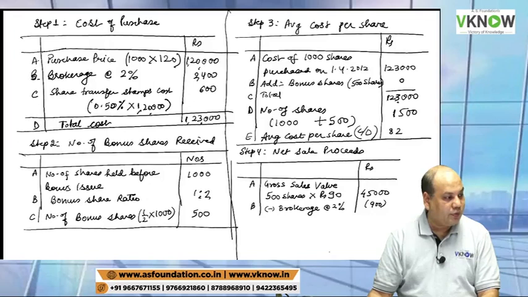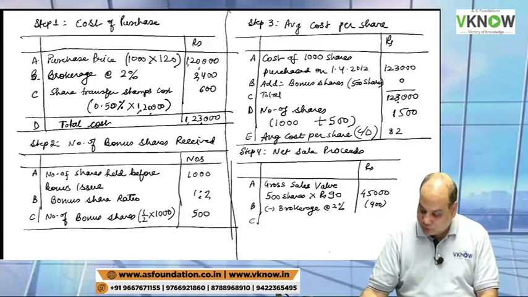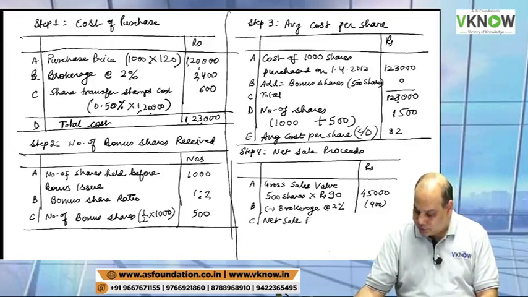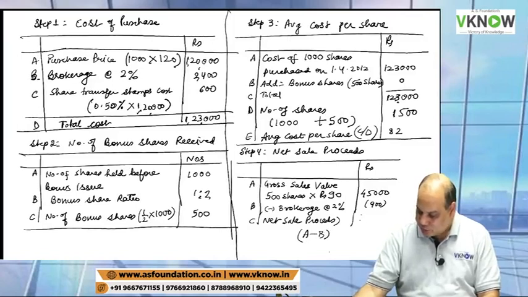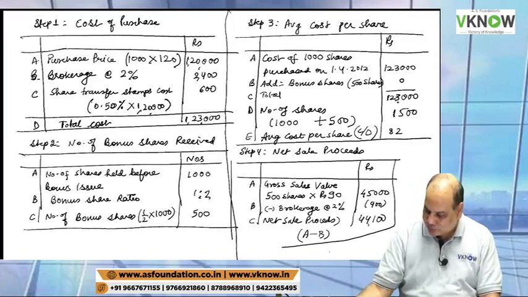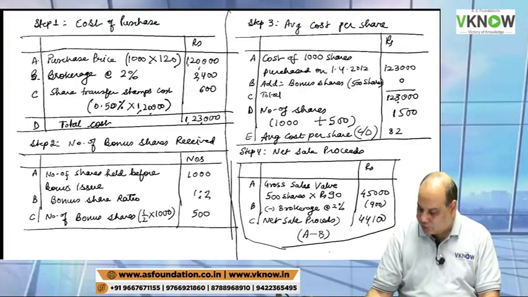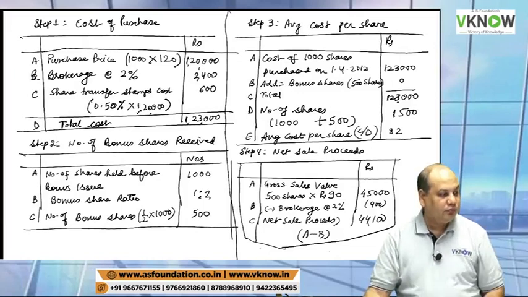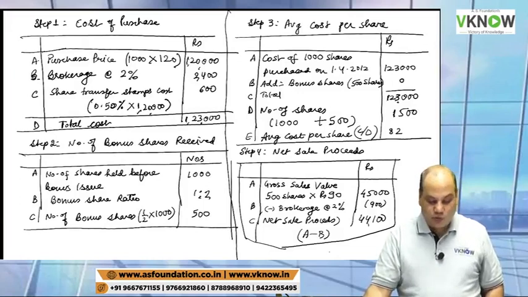So net sale proceeds, A minus B, 44,100. 44,100 is right.